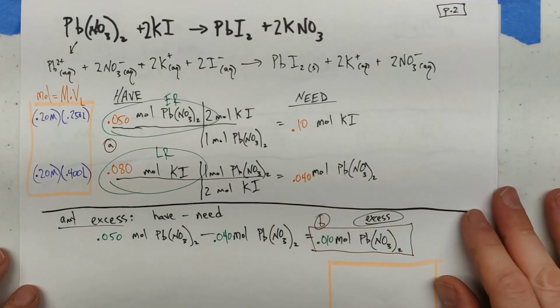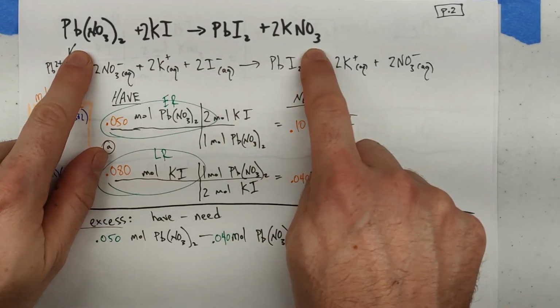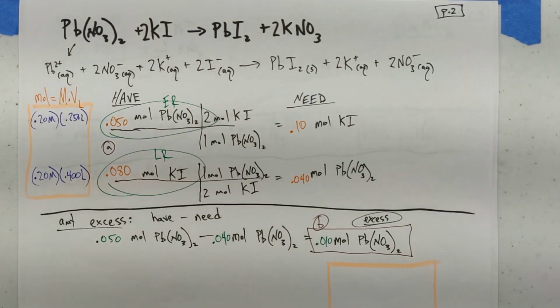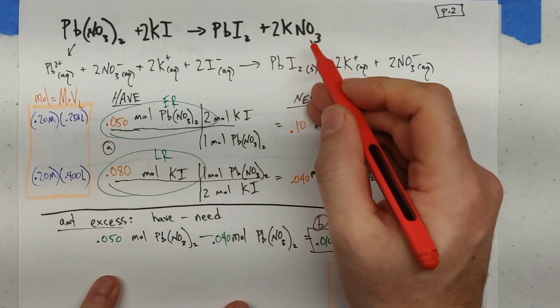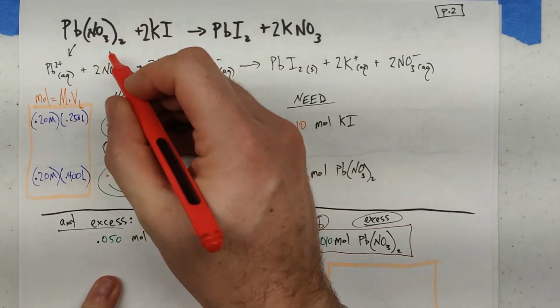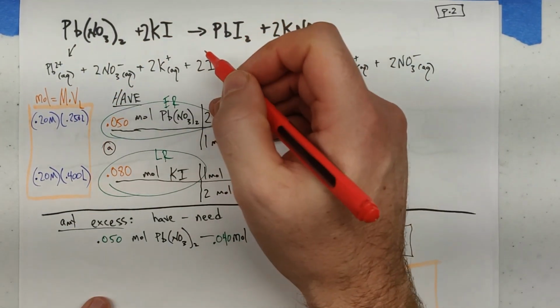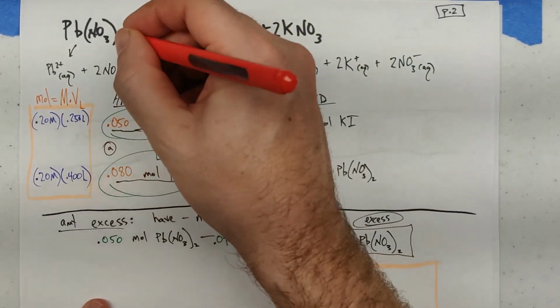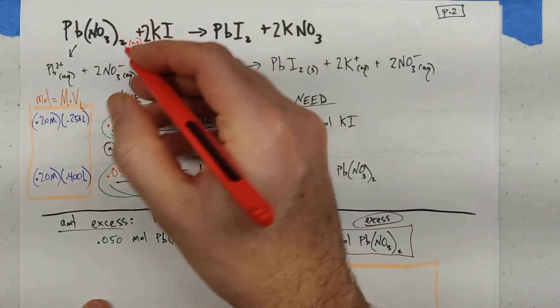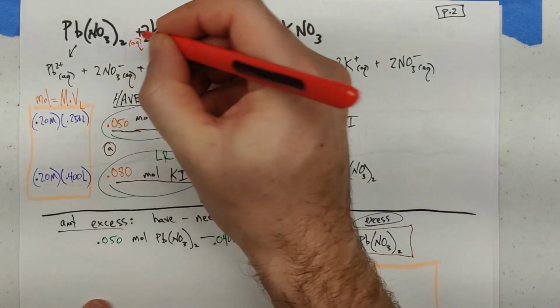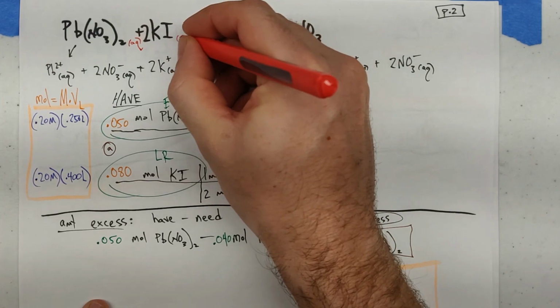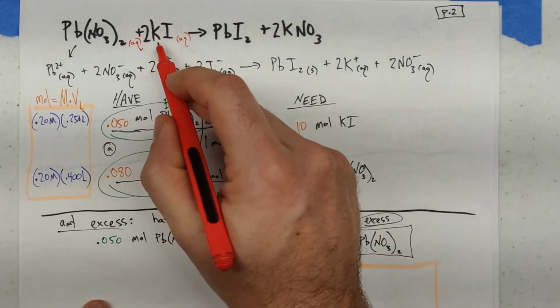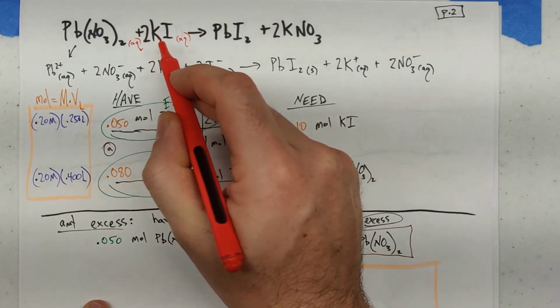This is our page 2 back. I've written out the double replacement reaction. We had to have that for stoichiometry. And I'm going to fill in some phases. Lead nitrate, we follow these solubility rules that we've seen before. Lead nitrate is aqueous because nitrate compounds are generally aqueous. Potassium iodide ends up being aqueous because group 1 metal compounds tend to be soluble.